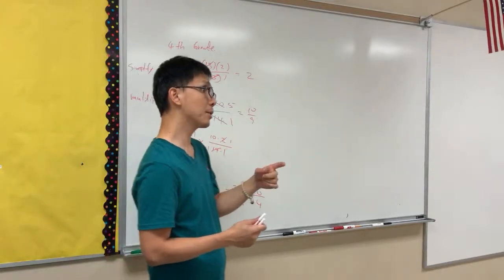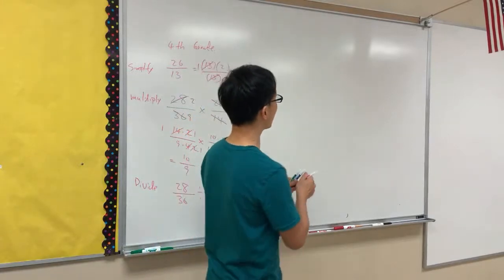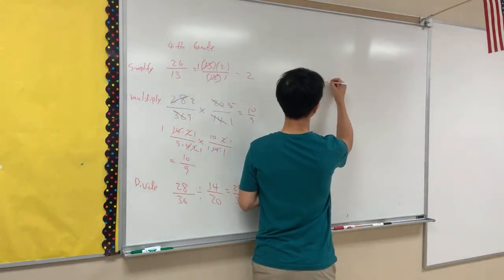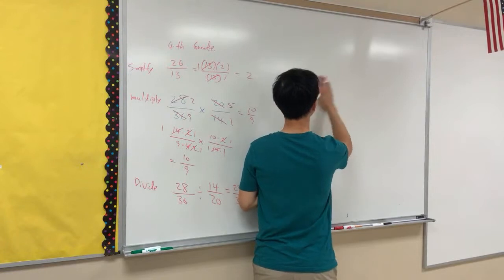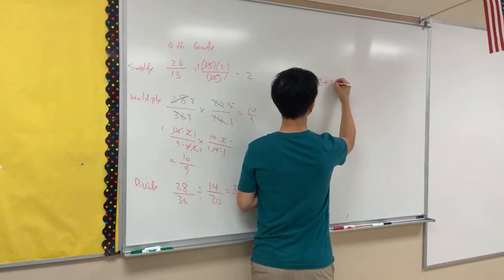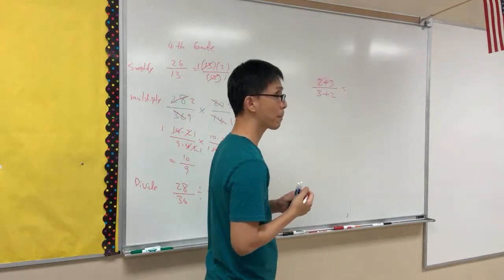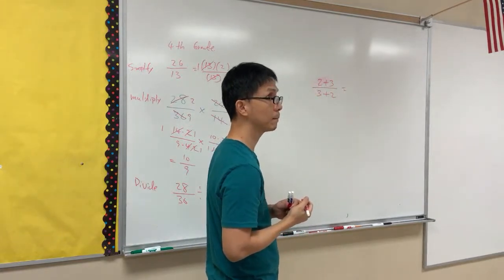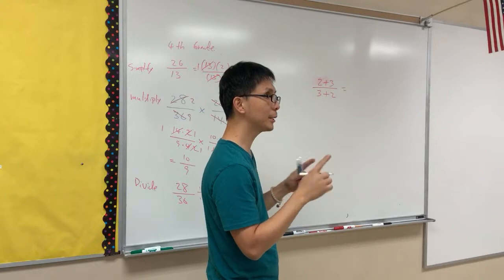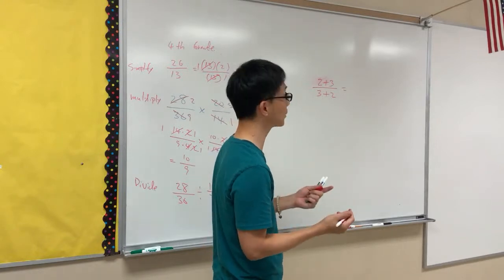I do want to introduce something new, which is this part. What's that? 2 plus 3 over 3 plus 2. What does that equal to? 5 over 5, which equals 1. Yeah, but think in terms of the factor perspective.